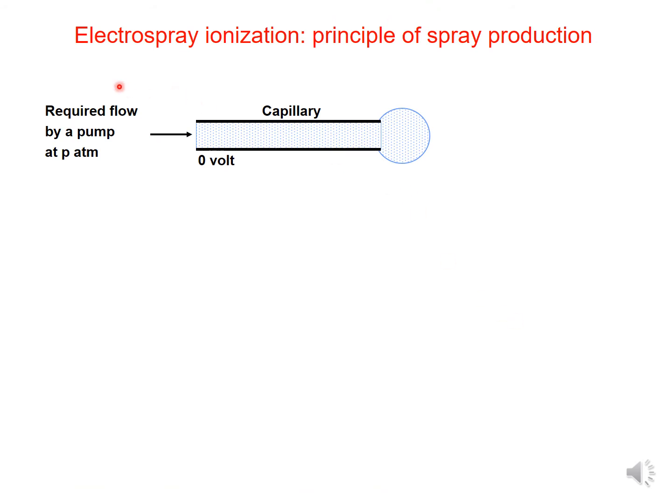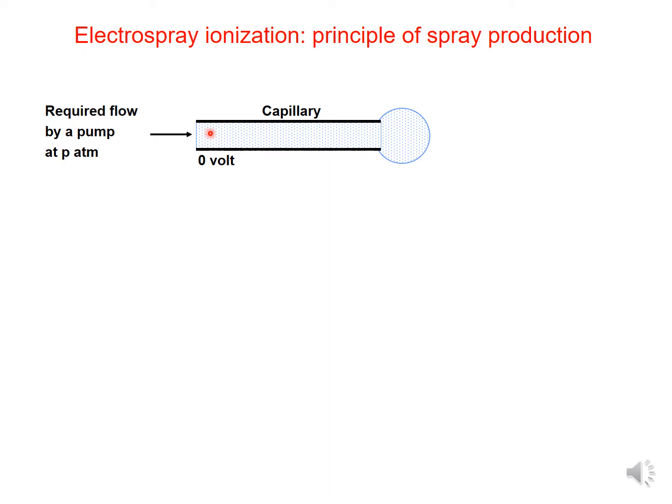Then, if I show you now a schematic representation of the process, this is a process in different steps. There are 3 different steps for the formation of the cone. This is the principle of the spray production. Here you have a capillary filled by a liquid, and it requires a flow by a pump at atmospheric pressure.